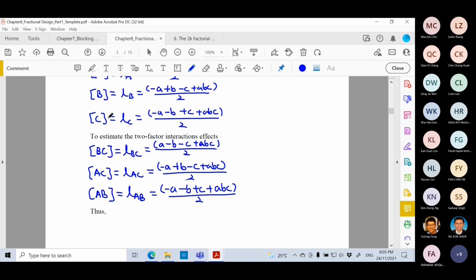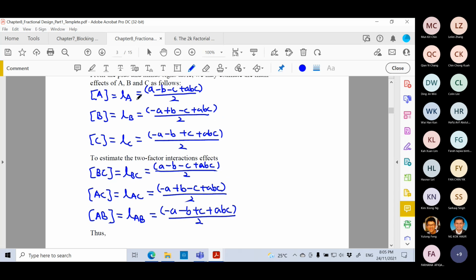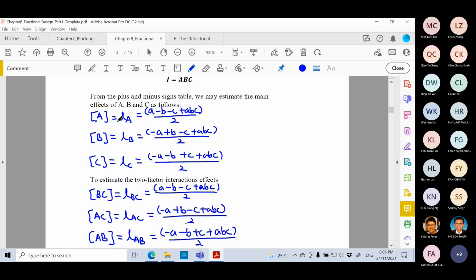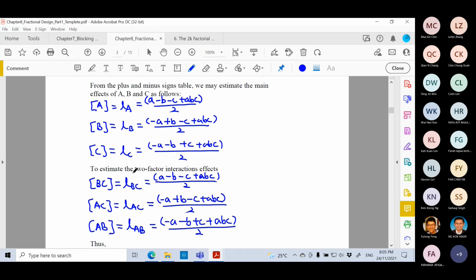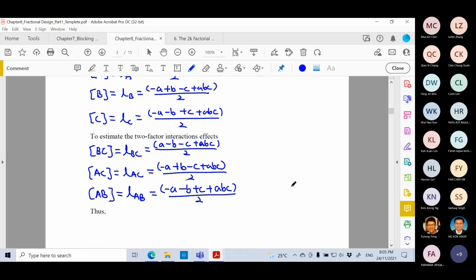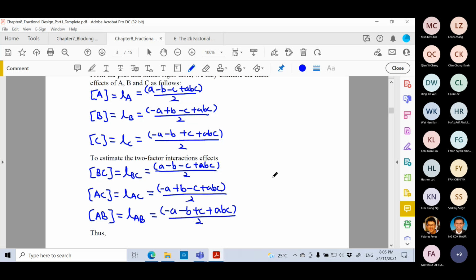Okay, so this one is for the two-factor interaction. This one is for the main effect. If the main effect, this one is a two-factor interaction effect. Okay, but they are not the complete effects yet. If you observe the effect here, for A, you will use A minus B minus C plus ABC divided by 2.